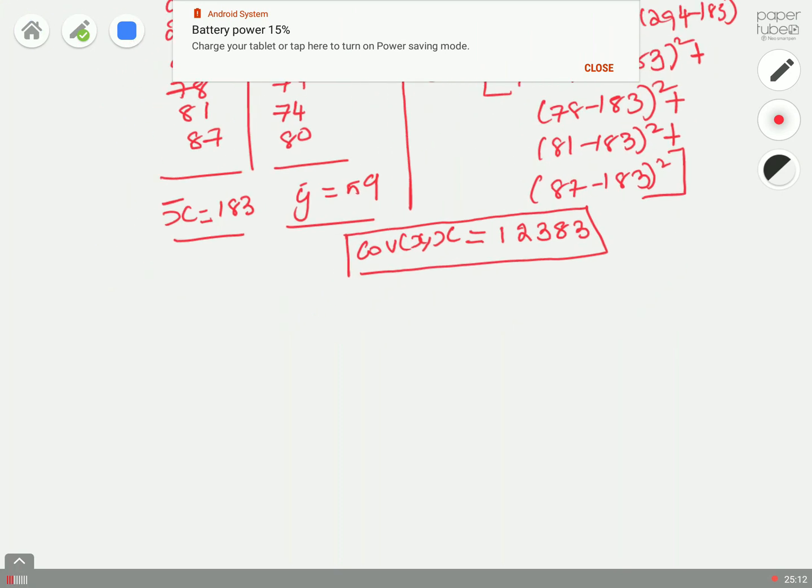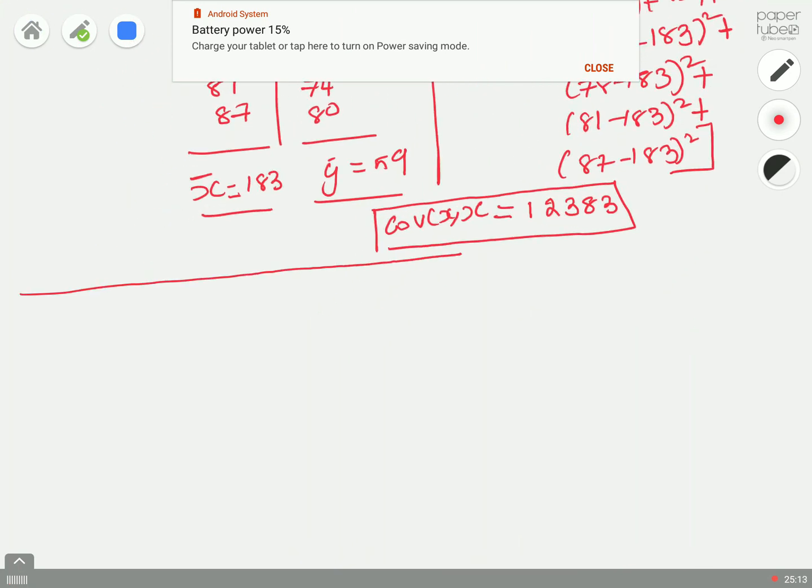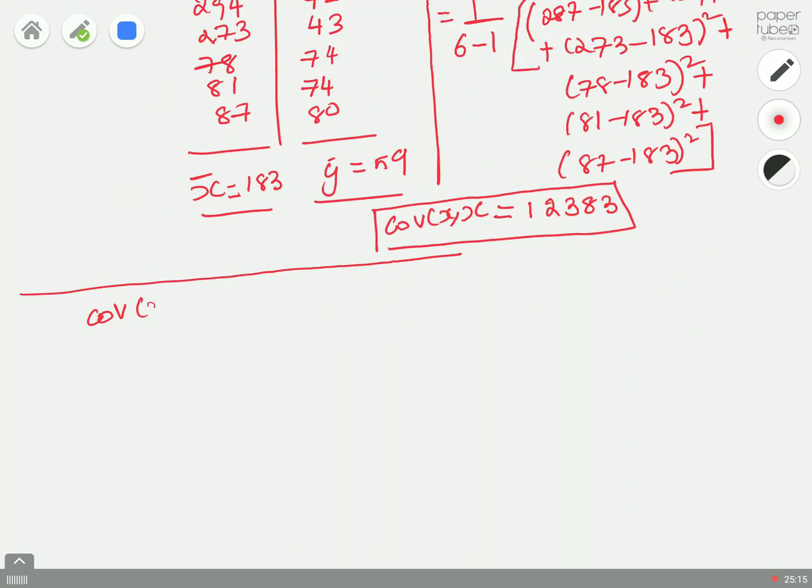Similarly, you can calculate covariance of x comma y. As I said before, it's equal to 1 by n minus 1, summation of i is equal to 1 to n, of x_i minus average of all the x multiplied by y_i minus average of all the y.